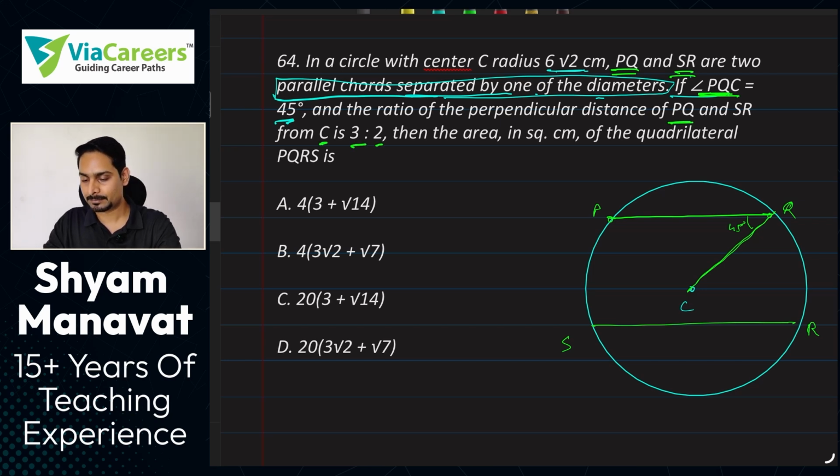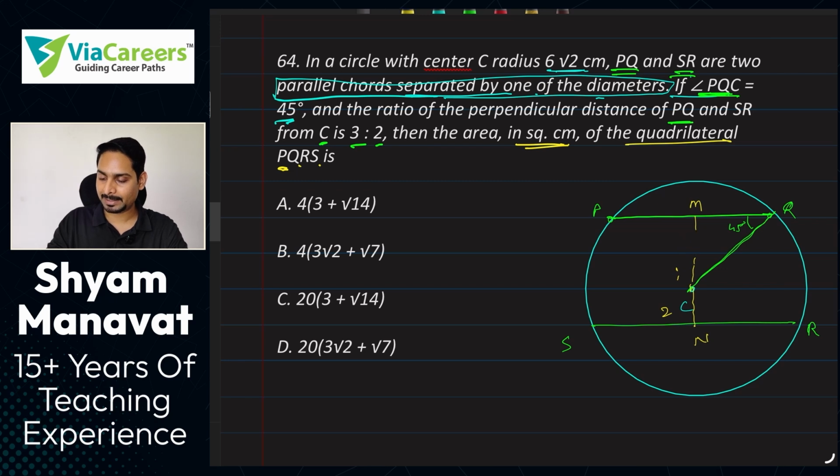It means if I draw a perpendicular from here to C and C to this point, let's say M and N, here they are in ratio 3:2. We'll keep this in mind. Then the area in square centimeter of a quadrilateral PQRS. For now I remove this ratio, we will use it later.